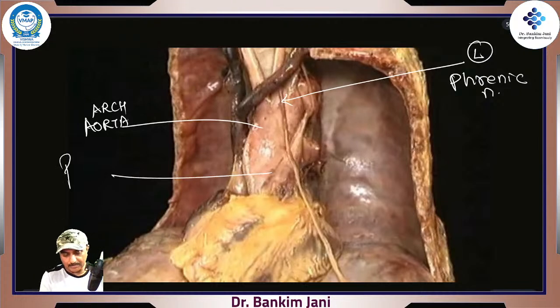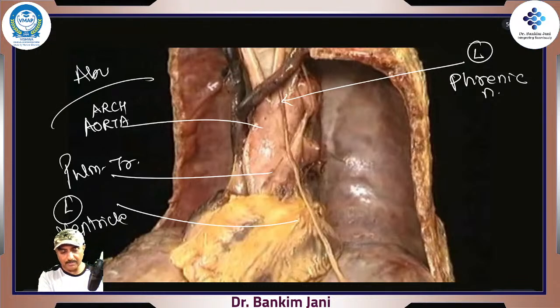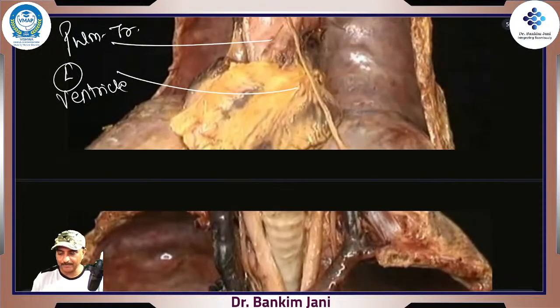And this, on the left side, the biggest chamber, has to be the left ventricle. This nerve is passing above all of them: above the arch of the aorta, above the pulmonary trunk, above the left ventricle, and it goes straight away to the diaphragm.